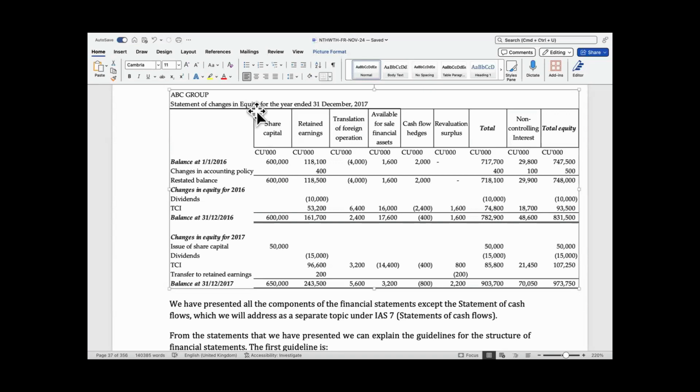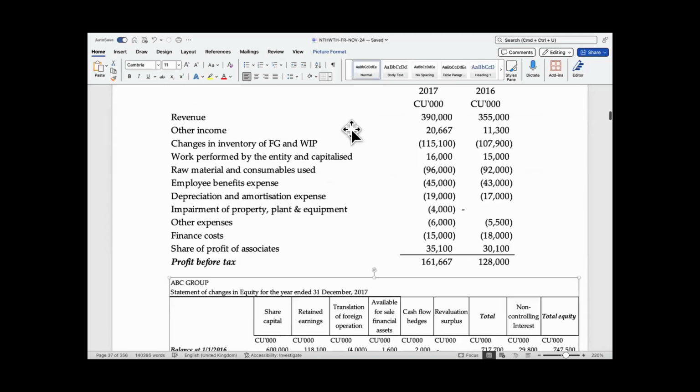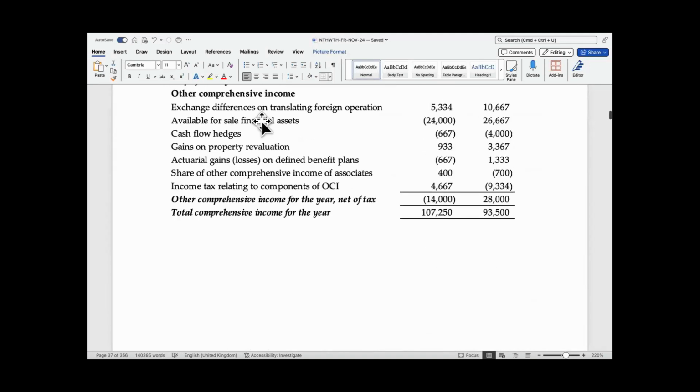So the concept behind statement of changes in equity is just to explain, let us see the movement between your equity at the beginning and at the end. And when I say equity, I'm talking about your share capital and your reserves. Then your other components of equity, your share capital, your retained earnings. Translation of foreign operations, available for sale financial assets, cash flow hedges, revaluation surplus, these are other components of equity. And all of these items came from your P&L, from this other comprehensive income.